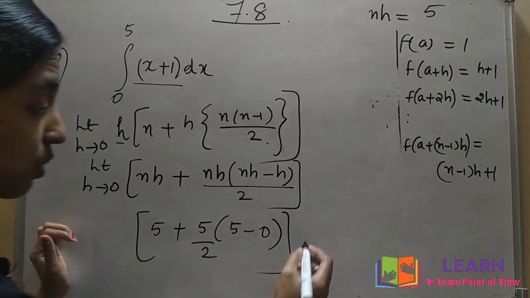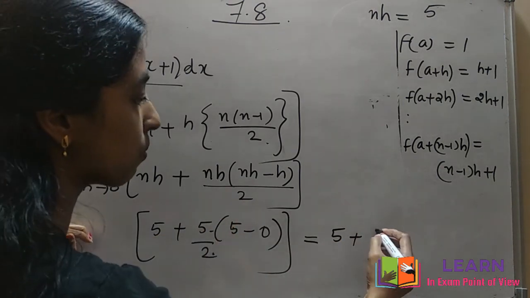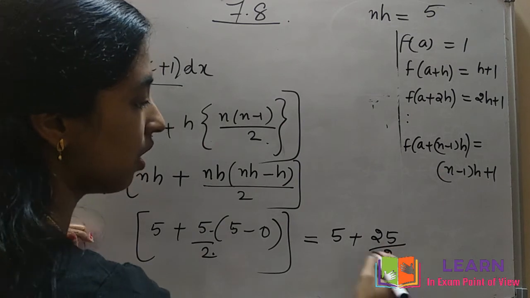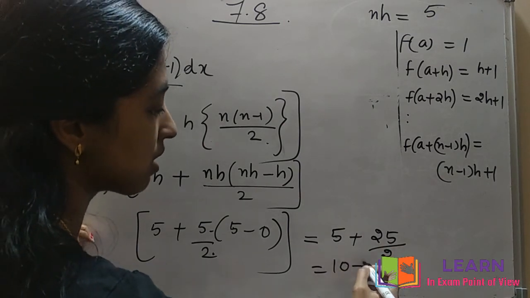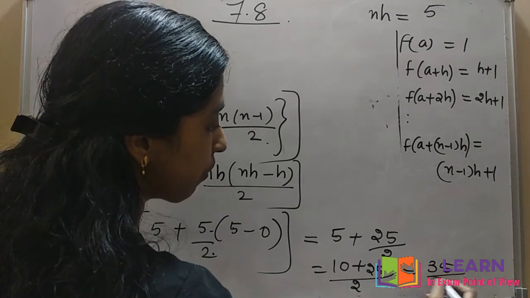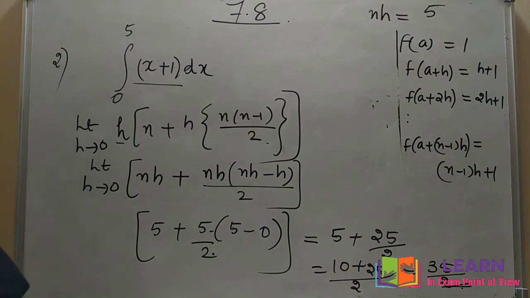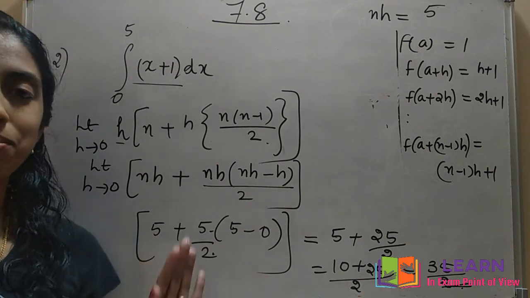Now it is easy to simplify, right? 5 is there plus 25 by 2. 2 into 5, 10, plus 25 by 2. The answer is what? 35 by 2 square units. This is an area, okay? So this is the answer.